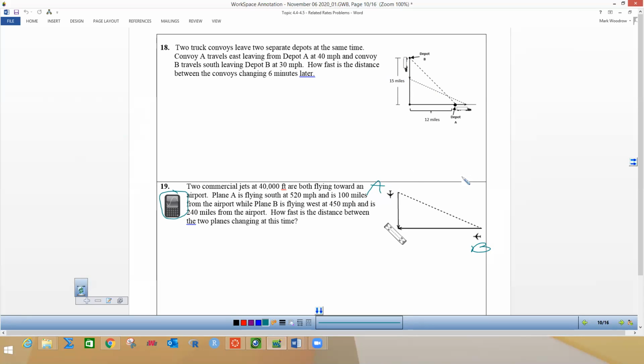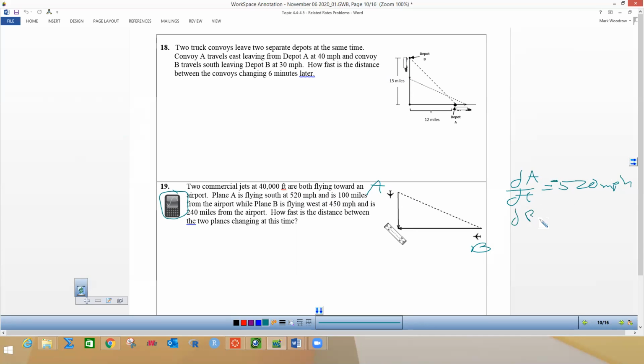So it says that dA/dt, the rate of plane A, the one that's 100 miles from the airport, is 520. Now, if I were doing this, I'd put negative because it's going closer. It's decreasing distance.